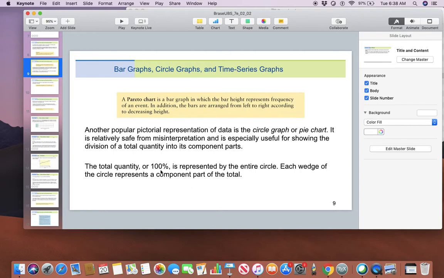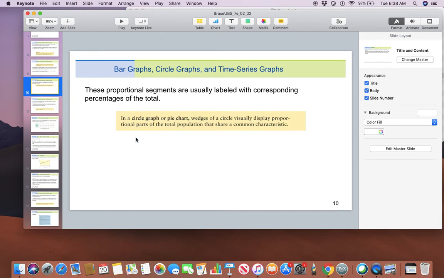The total quantity, 100%, is represented by the entire circle. Each wedge of the circle represents a component. These proportional segments are usually labeled with corresponding percentages. In a circle graph, wedges of the circle usually display proportional parts of the total population.